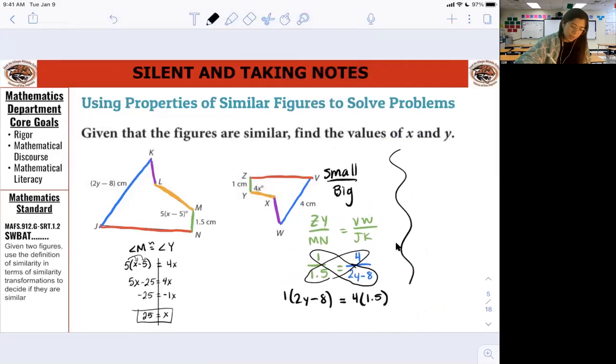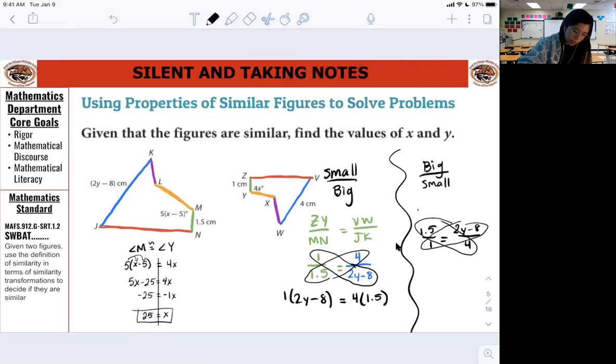Now you don't have to copy this part down, but let's just look at what happens the other way around. If you decided to do it the other way around, you would have done 1.5 over 1, and then 2y minus 8 over 4. But when you cross multiply, you still would have 1.5 times 4, and then 1 times 2y minus 8.